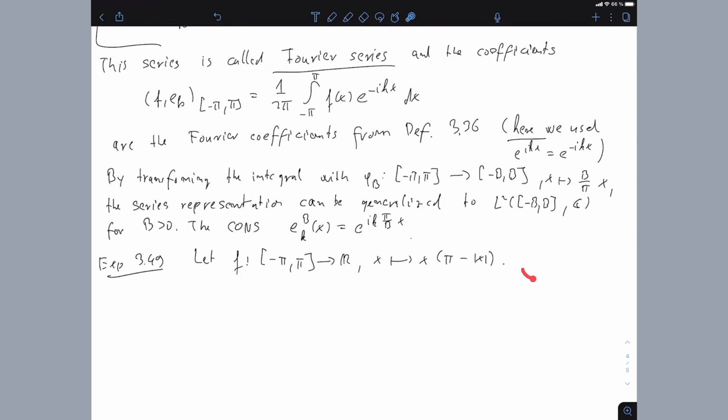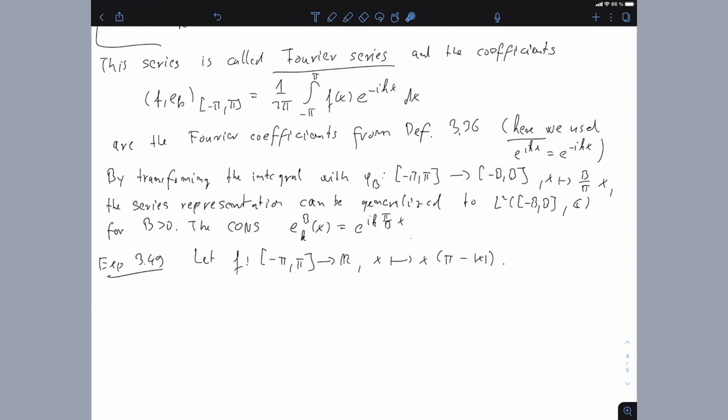If x is positive and smaller than pi, this factor is positive and this one is also positive, so on the right-hand side it has to look like this.